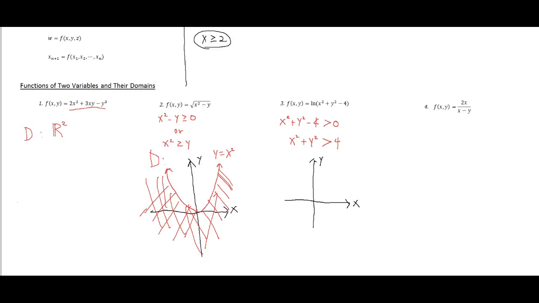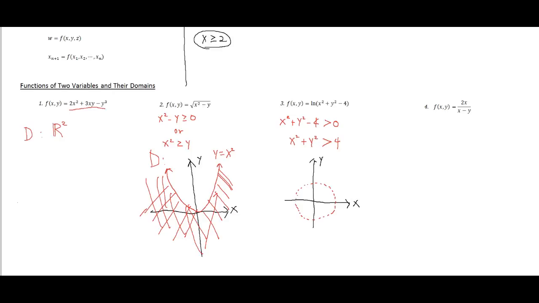So in this case, since the boundary cannot be included, I am going to use a dashed line to indicate that this boundary cannot be included. And this is because the inequality is a strict inequality, not greater than or equal to.